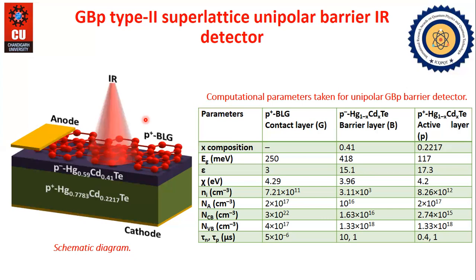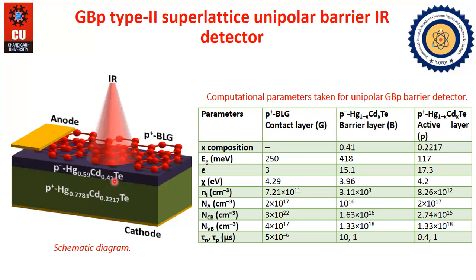The detector structure consists of bilayer graphene as a narrow bandgap contact, or we can say cap layer, a thin large bandgap material as a barrier layer, and then a narrow bandgap p-type active or absorber layer, and is termed as a GBP LWIR detector. That is a long wavelength infrared detector.